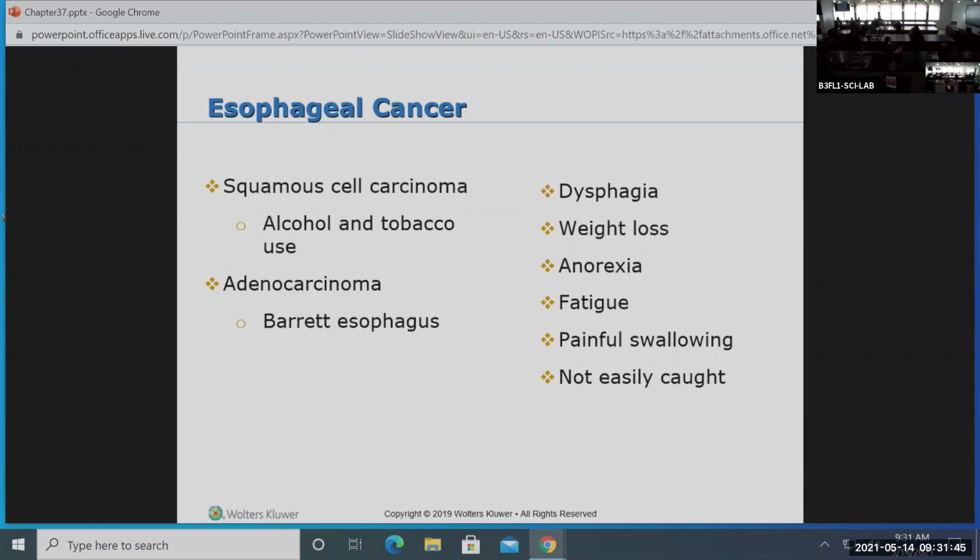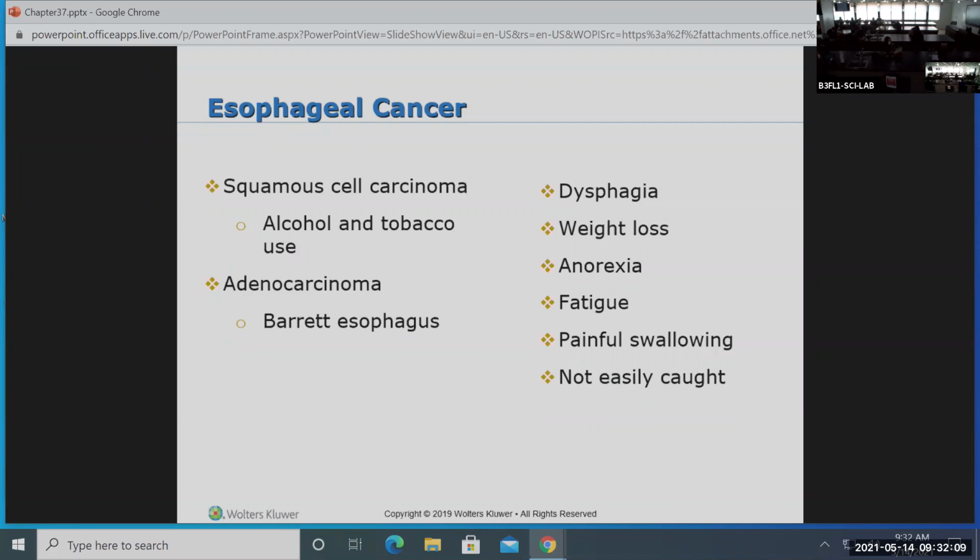Now, patients have dysphagia with esophageal cancer. They have history of losing weight, no appetite, anorexia, fatigue, painful swallowing, or odynophagia, and not easily caught. So please remember, we do suffer from esophageal cancer.